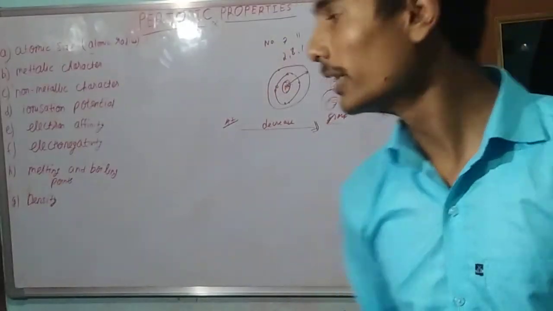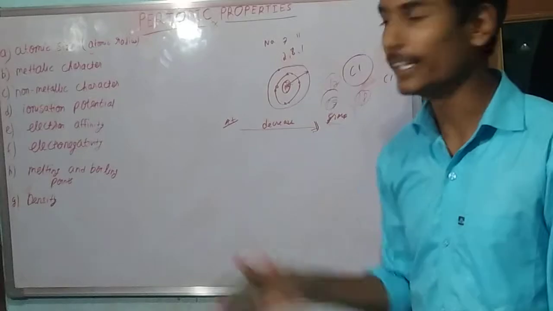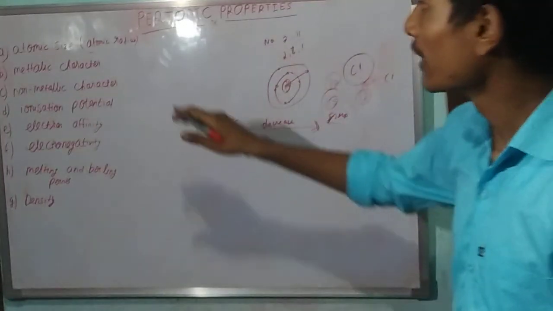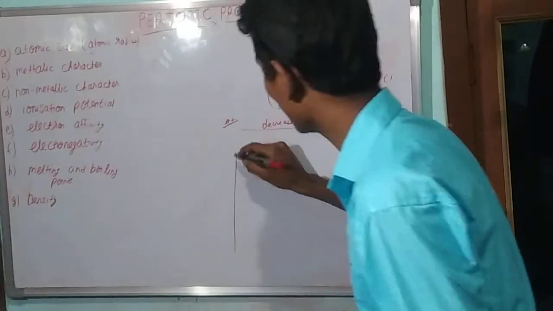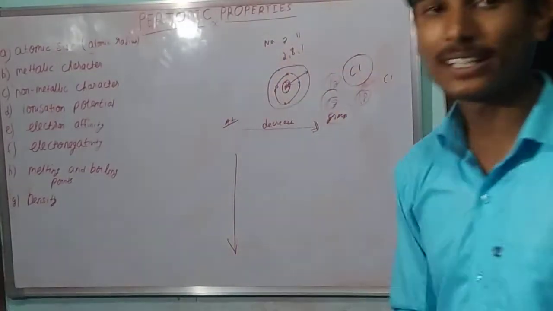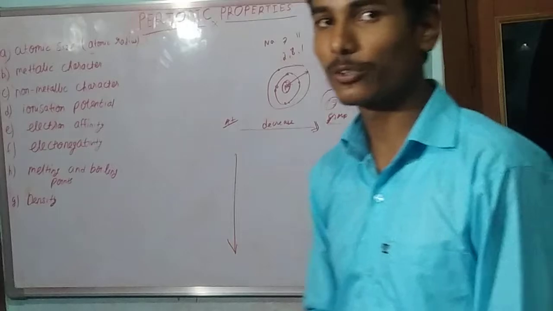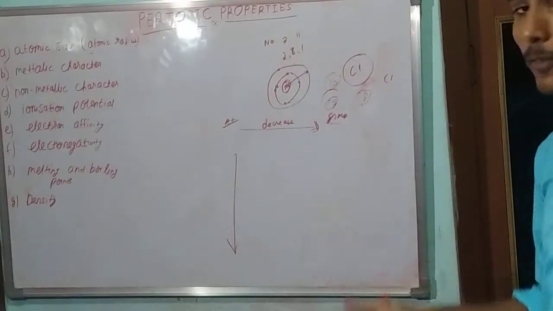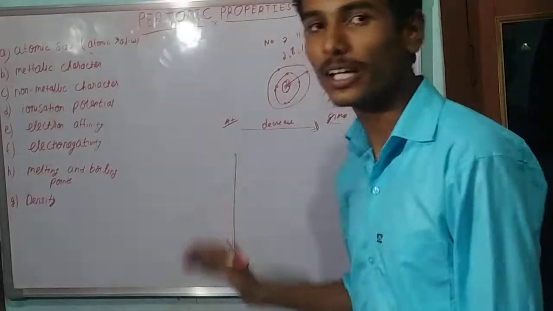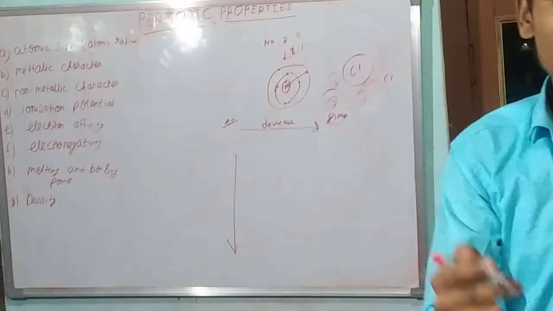Now we will talk about how it varies down a group. Down a group, vertically, the number of shells increases, and nuclear charge also increases.